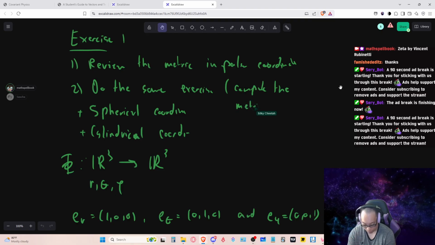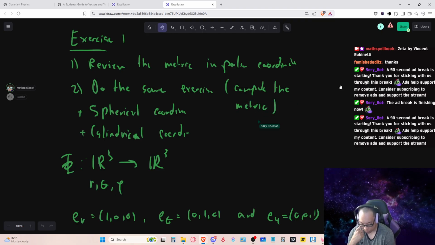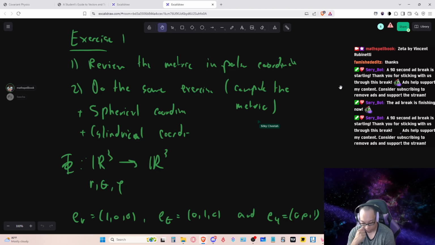Then the second exercise is to do the same thing, but is it from polar coordinates to spherical coordinates and then to cylindrical coordinates, or a different coordinate system like Cartesian? So we're going to do spherical to Cartesian and cylindrical to Cartesian, just like we did.